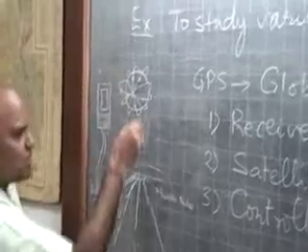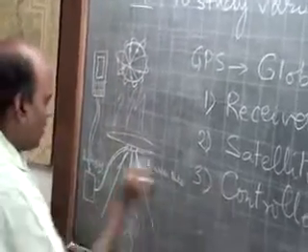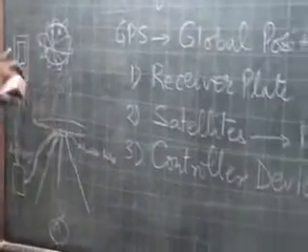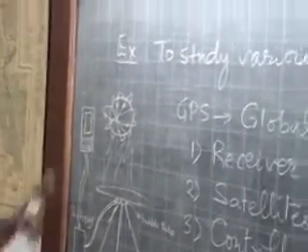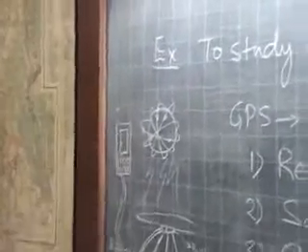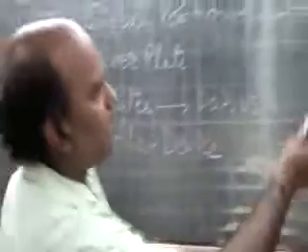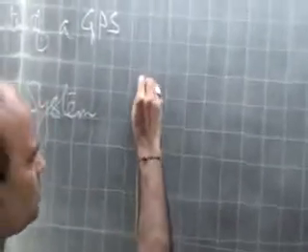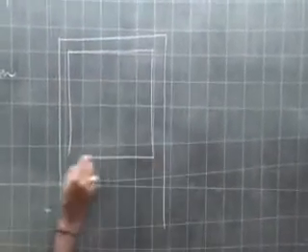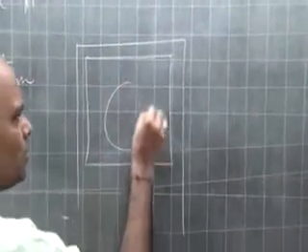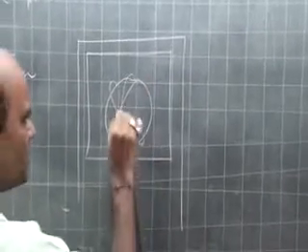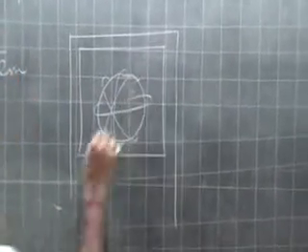The signals received from the satellites are transferred to the controller device, and in the controller device you can see a lot of things. If I make a diagram here, this is my controller device and this is the screen. On the screen you can see the satellite positions, which are the satellites you have tracked from this particular location.